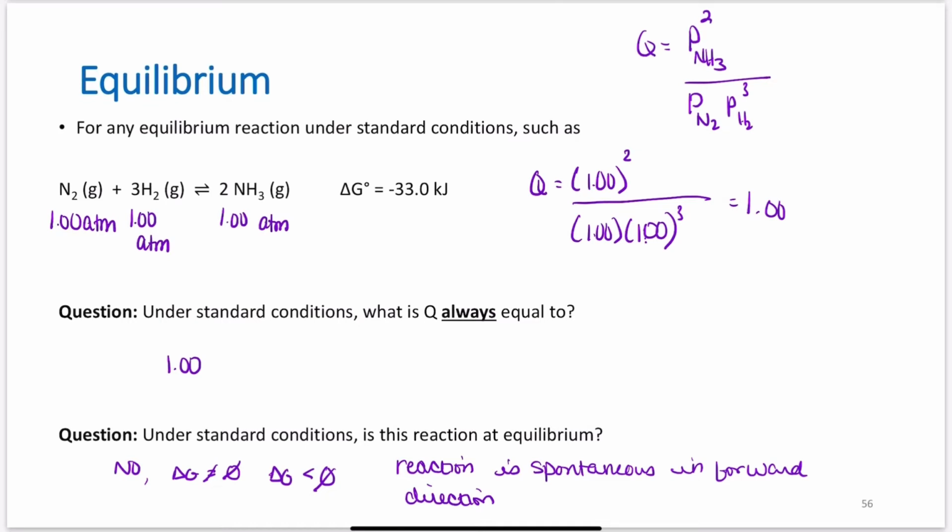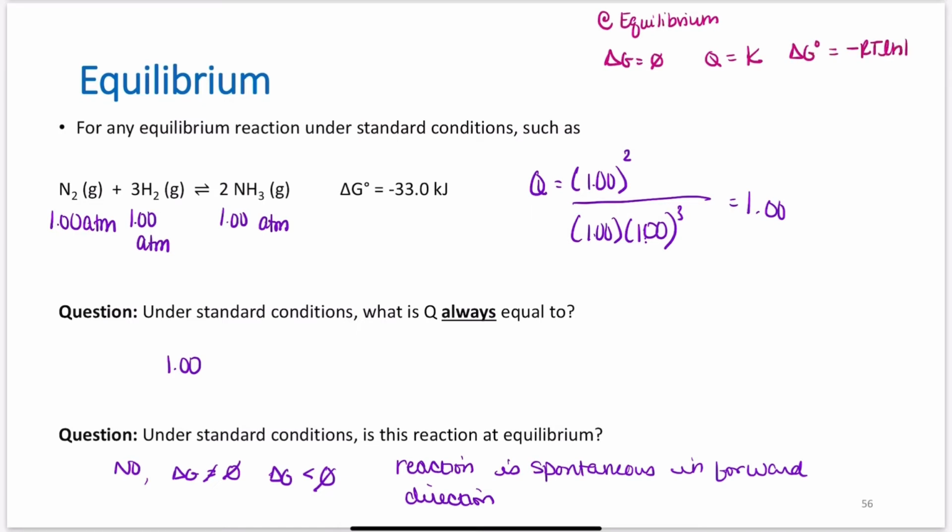And quick, just a summary from what we just talked about. So again, if the system is at equilibrium, delta G is equal to 0, Q equals K. Delta G naught equals negative RT ln of K. If Q is less than K, the reaction is spontaneous in the forward direction.